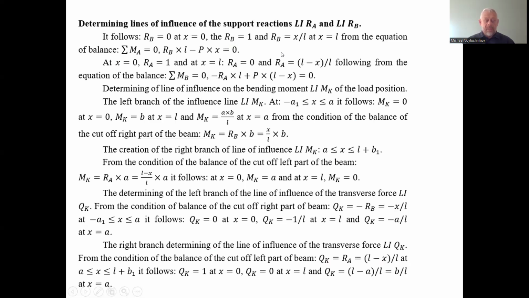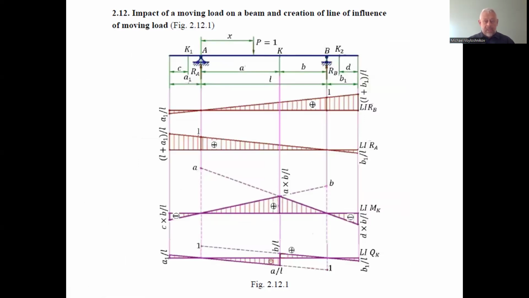If x equals L, then RB is exactly 1, because the point of application of the unit force is at B, so the reaction RB has to be equal to 1.